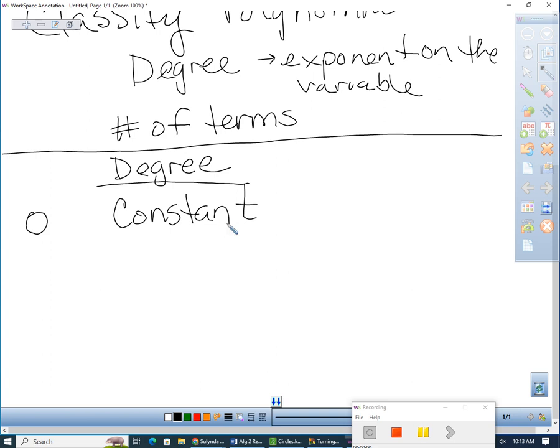If the highest exponent I have in my polynomial is a 1, the word for that is linear. The word for the highest exponent of 2 is called quadratic.